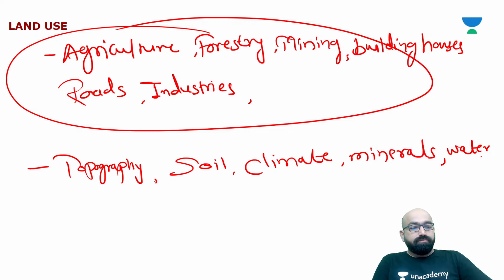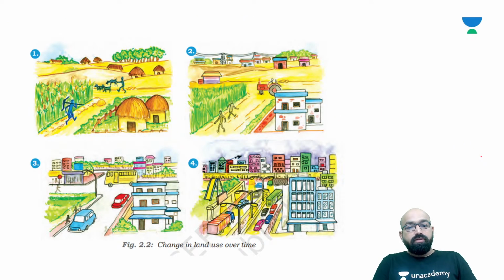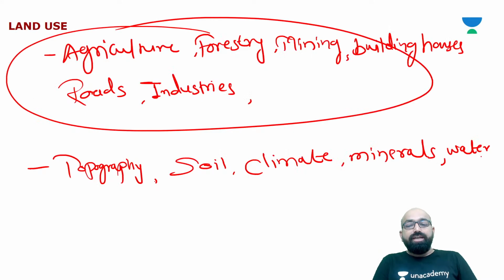So if we discuss the land use in a few countries, friends, like in Australia, cropland is around 6% area, pasture around 56%, forest 14%, and other use 24%.